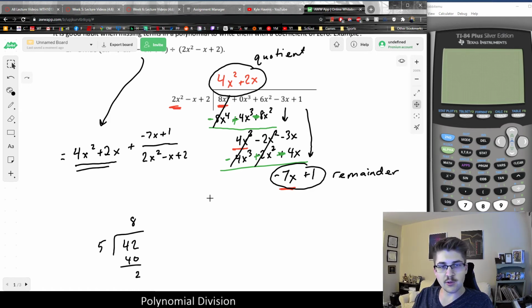And we can't go any further when it comes to numbers once our number beneath the line is smaller than what we're dividing by. And how do we write our answer? Well, 42 divided by 5, we conclude that the answer is 8, but we could write that as R2, but that's not a common way of writing an answer, right?